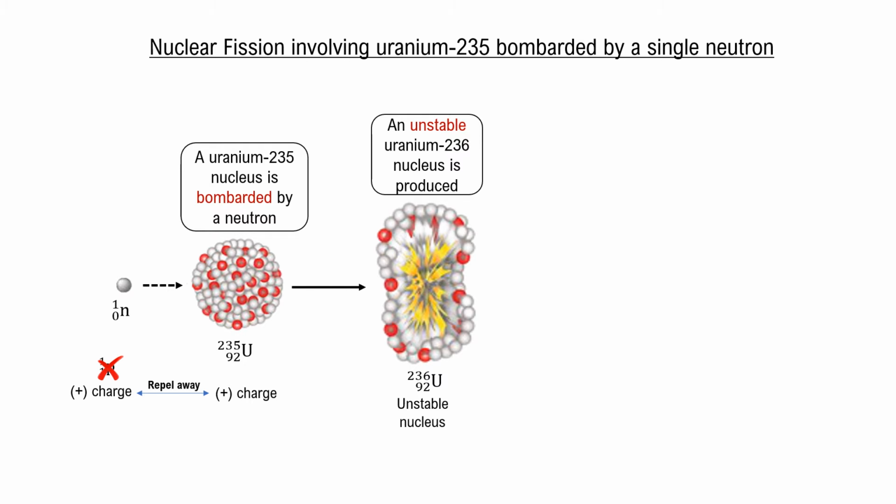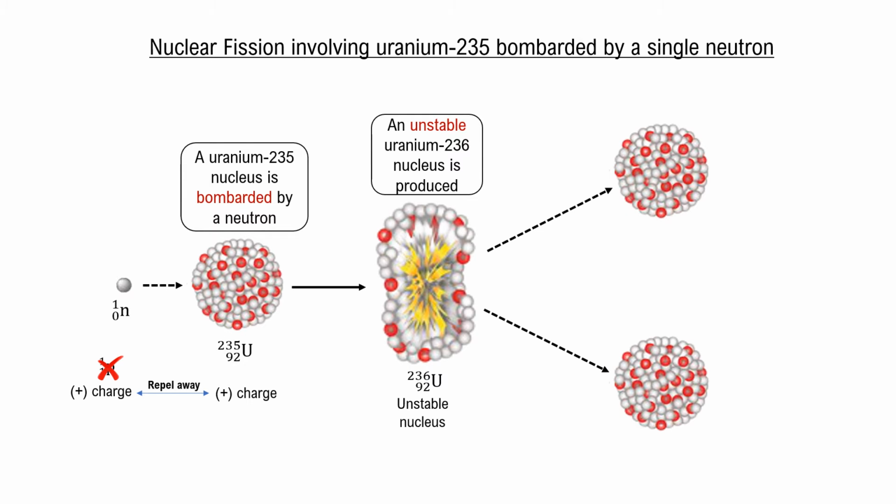When the nucleus becomes very unstable, it will be broken into two smaller pieces. A krypton-92 nucleus and a barium-141 nucleus are produced. At the same time, 3 neutrons are produced and a large amount of energy is released as well.